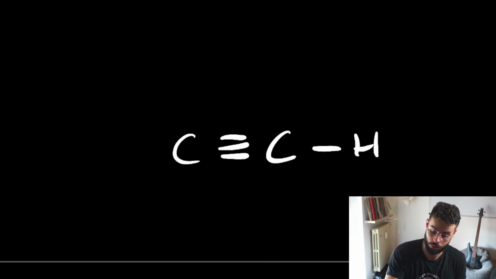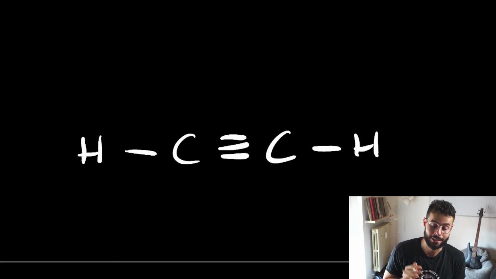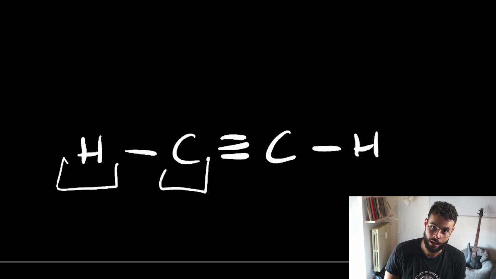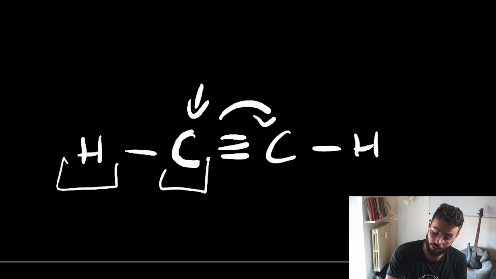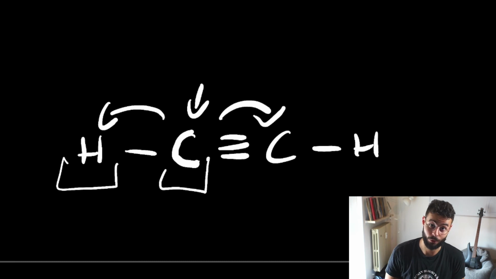So we will get the following molecule. The following molecule is still a hydrocarbon because it is only made out of carbon and hydrogen, but because it contains only 2 atoms around the center carbon, so this one carbon is connected to 1, 2 atoms and not 4, it's an unsaturated hydrocarbon.